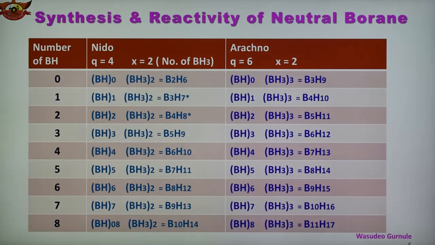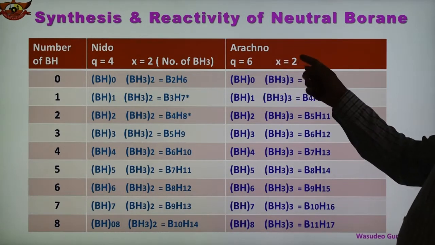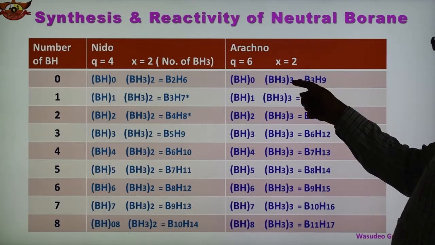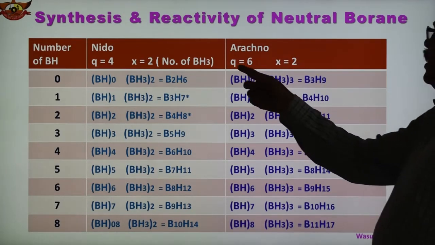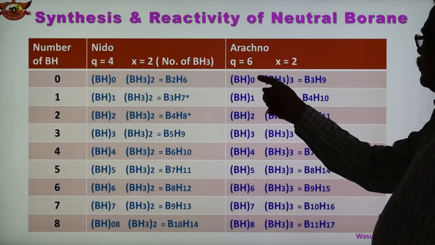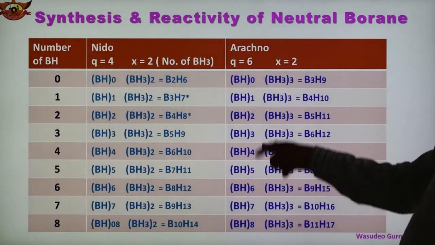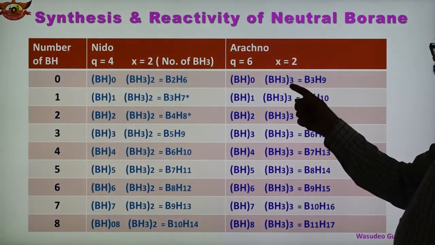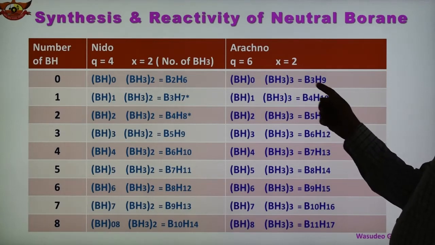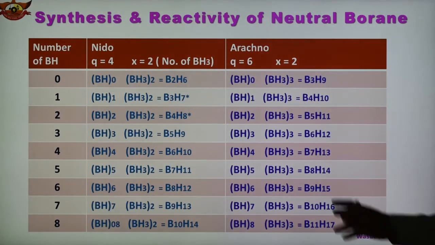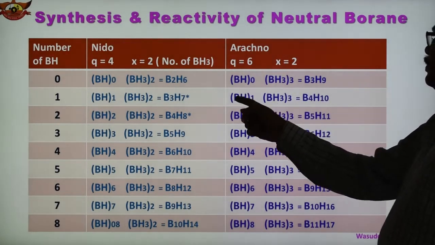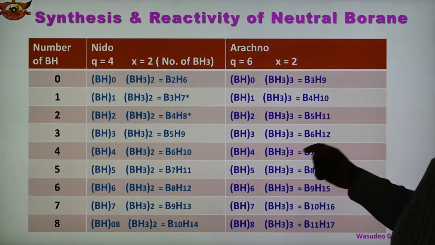In case of the arachno boranes, Q is 6 and X is 2 fixed. Here X is 3, and Q changes, now 0, 1, 2, 3. In case of arachno, BH is 0, BH3 is fixed, and here we obtain B3H9. Then with BH 1 and BH3, we get B4H10, so 1 B and 3 B, B4H10.